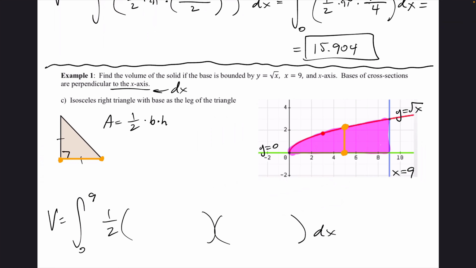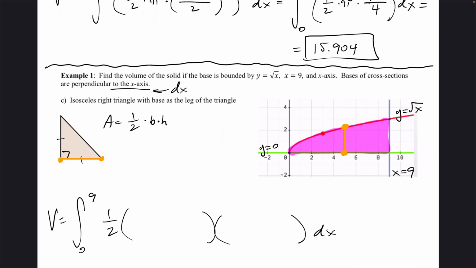So here we go. The base is going to be from orange dot to orange dot. That's always going to be the base. So what is the distance from orange dot to orange dot?